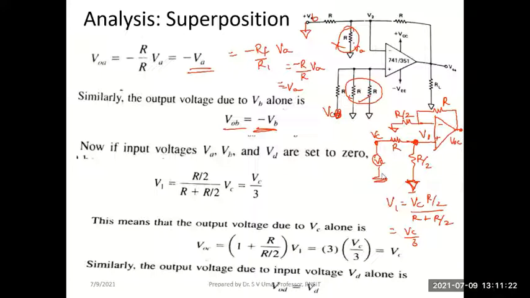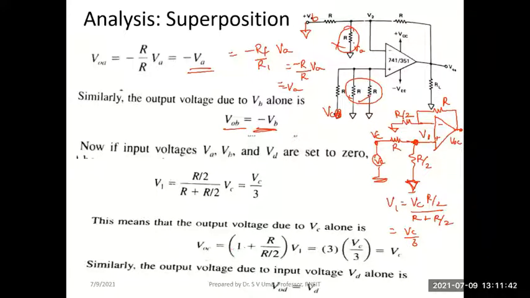As we had done in the non-inverting summer, quickly, the output voltage due to VC, as I told you, is a non-inverting circuit whose gain is 1 plus RF by R1. RF is R, R1 is R by 2.